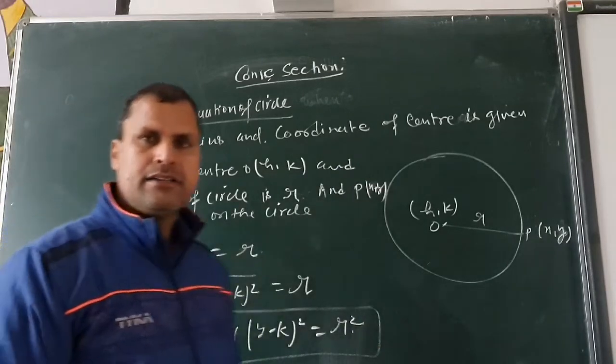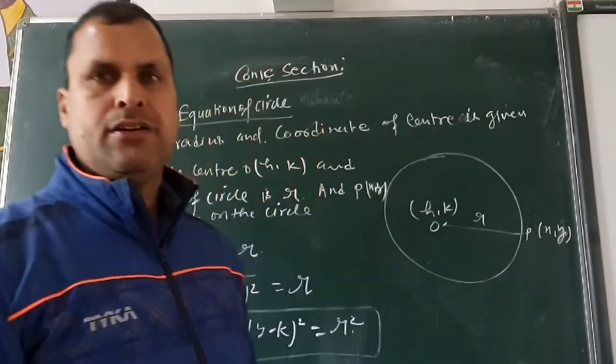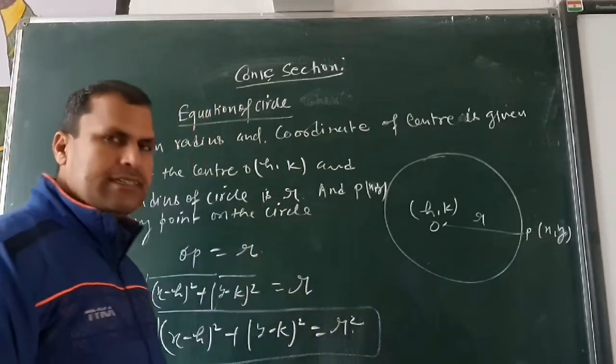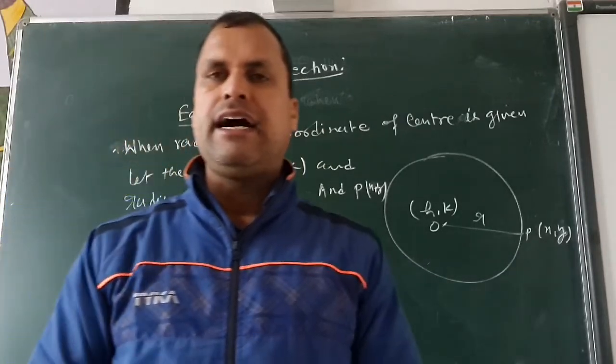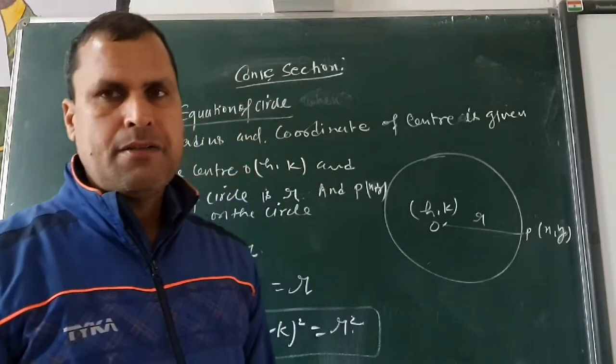This is the equation of circle where (h, k) is the center of the circle and R is the radius of the circle.